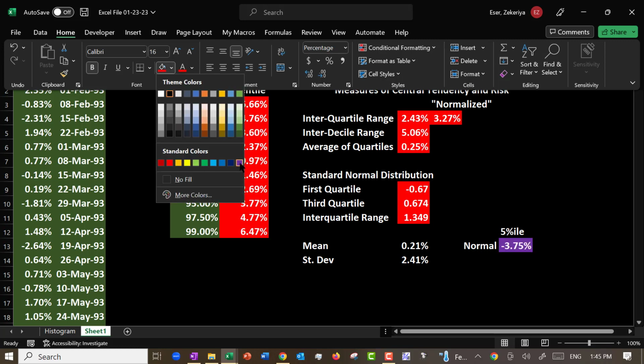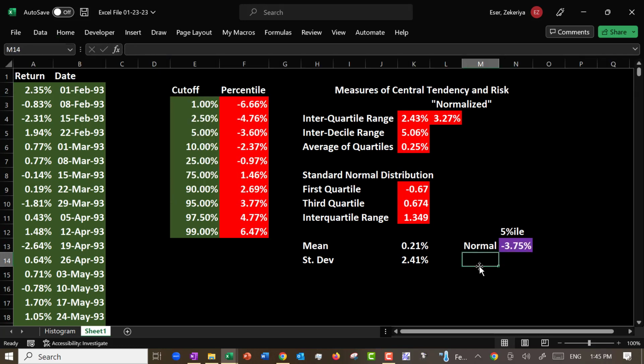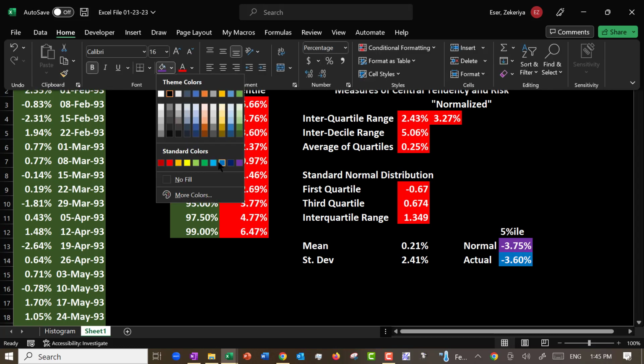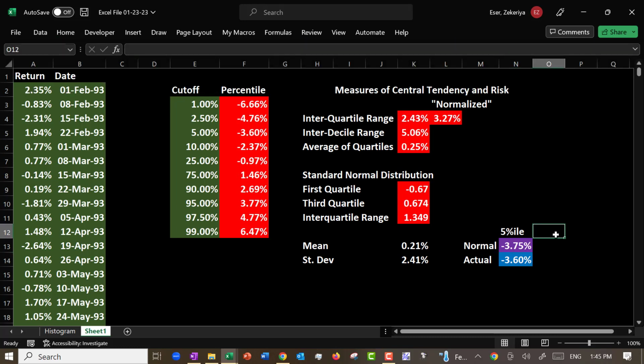Make that a little bit different color. The actual, we already have it here, 360. Let's do the first percentile.